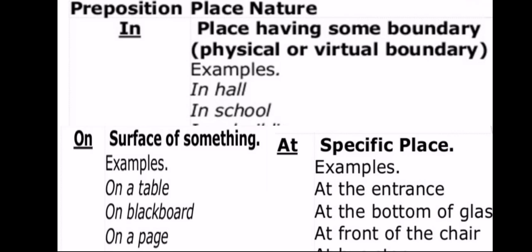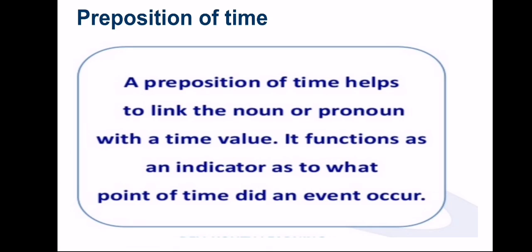For example, in a hall, in a school, in a library, in a cinema hall, in all these things we will use the preposition in. On a table, on a blackboard, on a page, on an island, for all these things we will use the preposition on. For a specific place like the entrance, the bottom of the glass, at the front of the chair, for all these things we will use the preposition at.